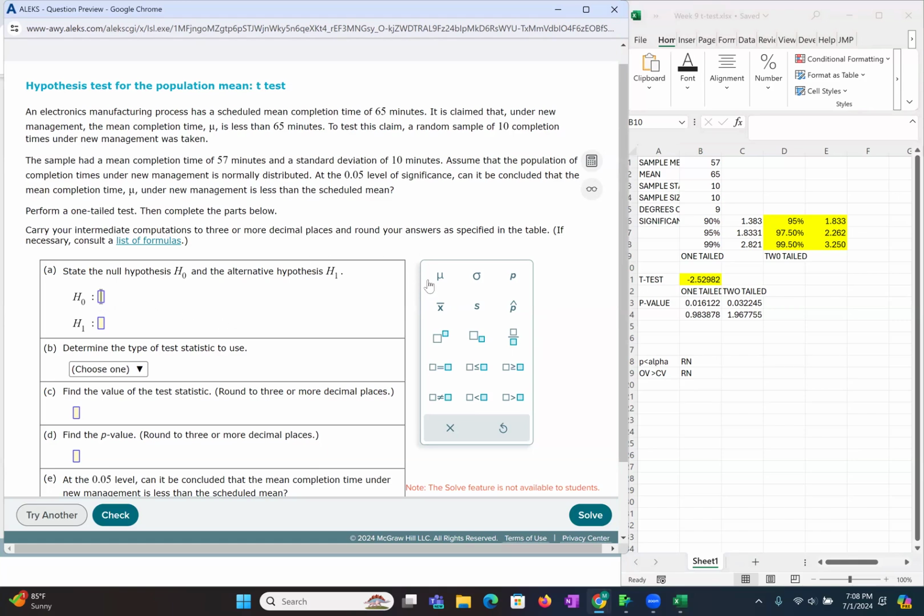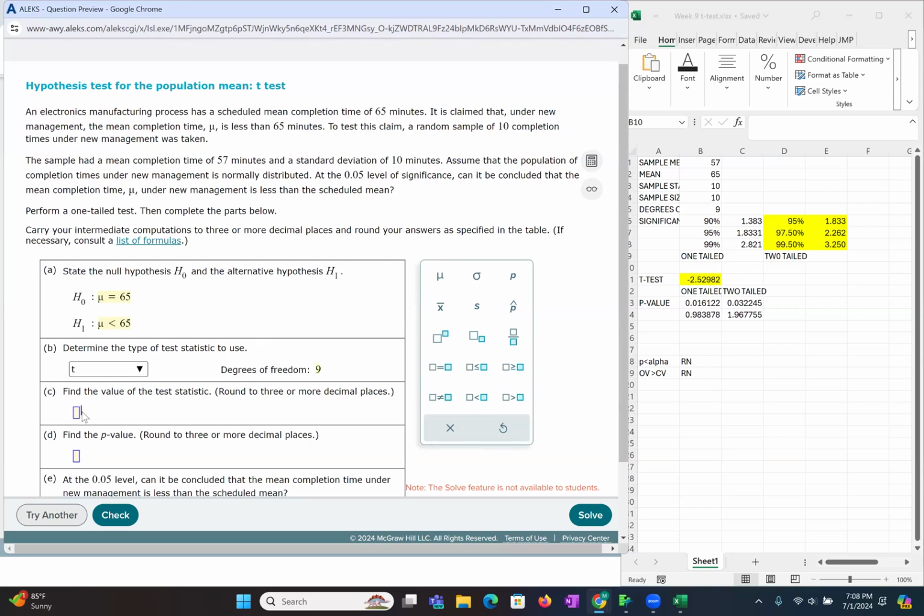Okay, so the null should be mu is equal to 65, and the alternative is mu is less than 65. Good. This is obviously a t-test. Degrees of freedom is 9.